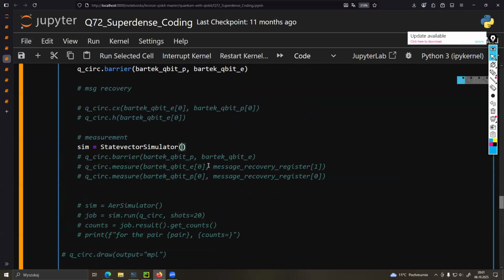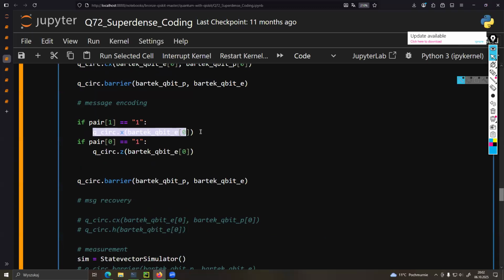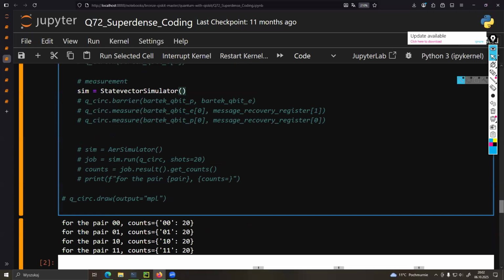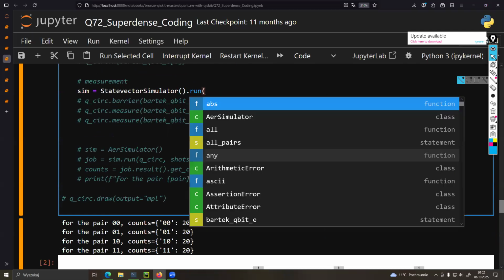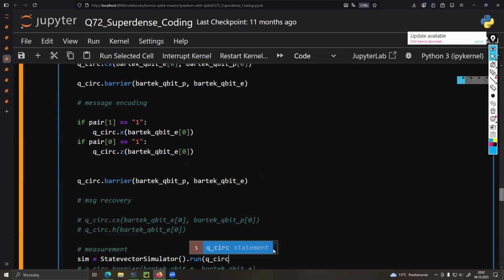So sim equals state vector simulator. Let's probe what we have before the recovery, because the recovery will make it so that there is only one outcome, right? And after C and X, X and Z, we will see what the state vector says. So we could run, and then we have shots.